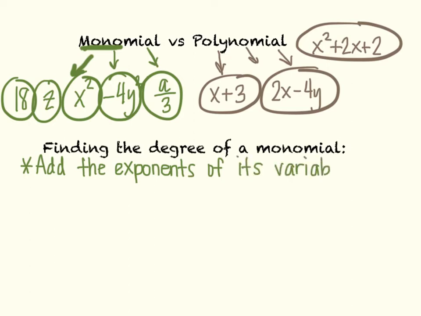So remember that we're going to add the exponents of its variables. And if there's not an exponent, like there's not an exponent on this z right here, it's understood to be 1.